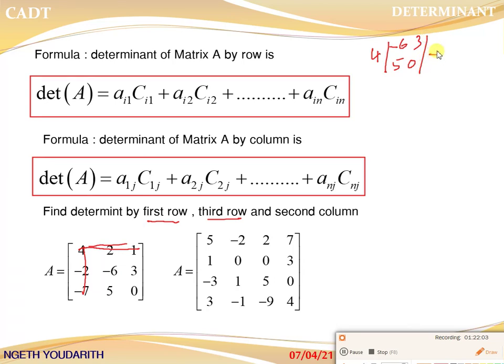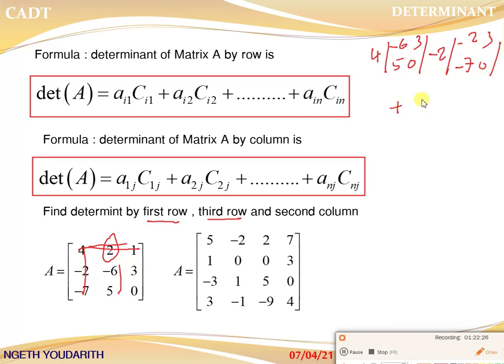Then minus 2: we write 2 here, omit this one, and we have minus 2, 3, minus 7, and 0.